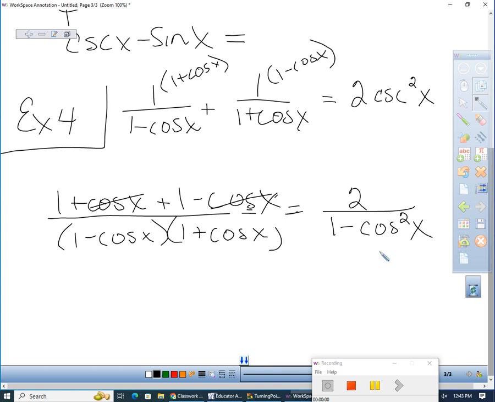Sine squared x, right? This is a Pythagorean identity. This equals sine squared. Correct. So we have 2 over sine squared x, which if I move that to the top becomes 2 cosecant squared x.